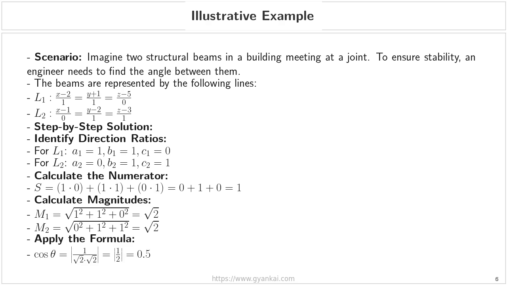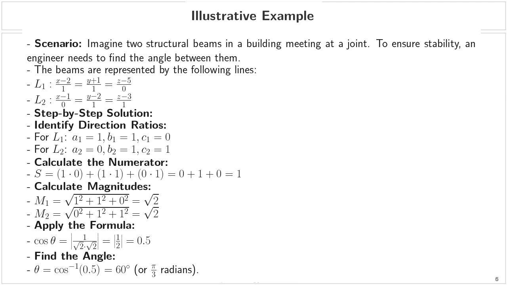Now, we apply the formula we learned. We take the absolute value of our numerator, 1, divided by the product of our two magnitudes, which is the square root of 2 times the square root of 2. Since the square root of 2 times itself is simply 2, our equation becomes the absolute value of 1 over 2, which equals 0.5.